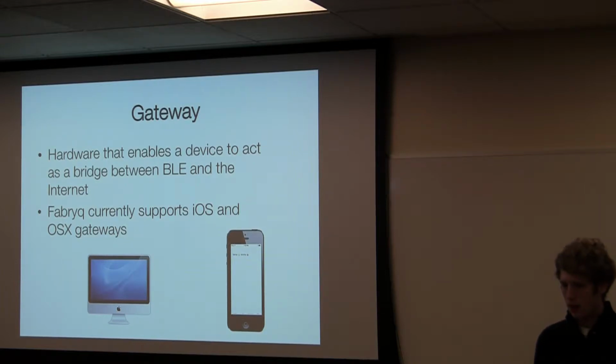In this case, translating between Bluetooth Low Energy for low power connected devices and making them available over the broad internet. Currently we have implemented a Mac OS X gateway and an iOS gateway application, which just run as a normal application on that device and then use the Bluetooth radio to communicate and find the devices required by these applications.